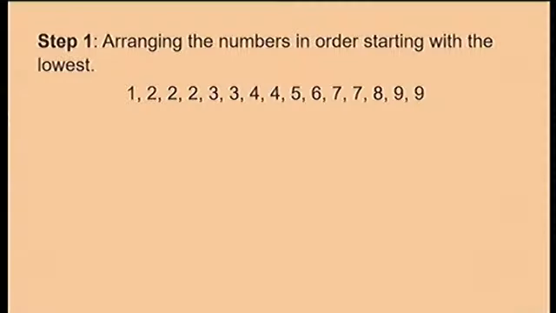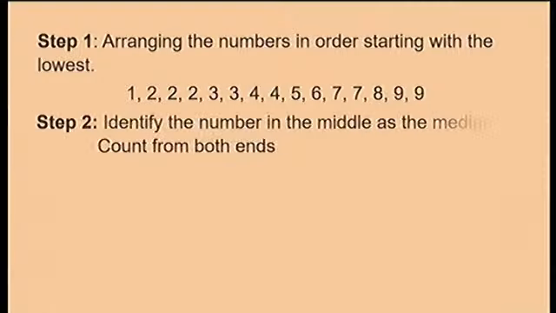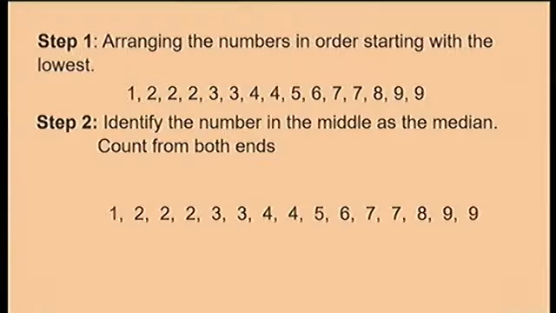Increasing order means starting with the lowest to the highest. In decreasing order, we start with the highest to the lowest. So members, as you can see, we have arranged our numbers starting with the lowest to the highest.